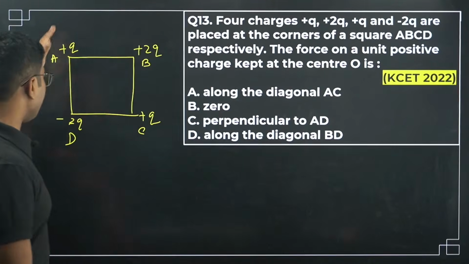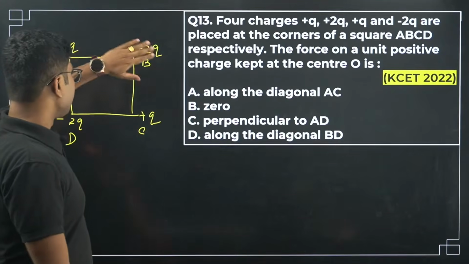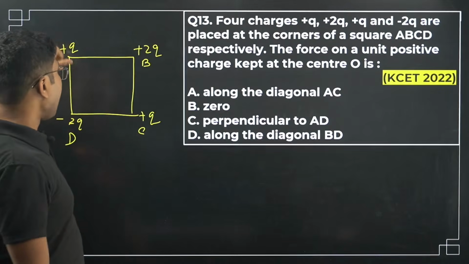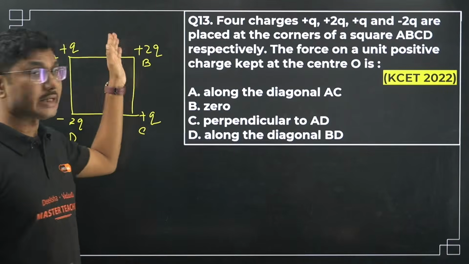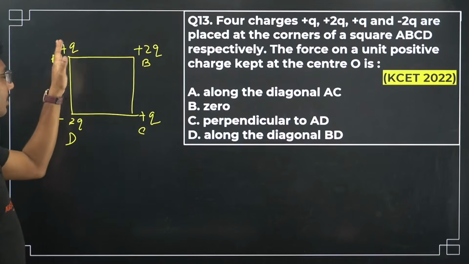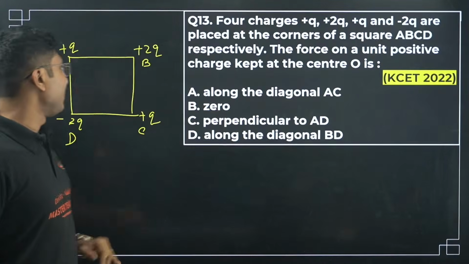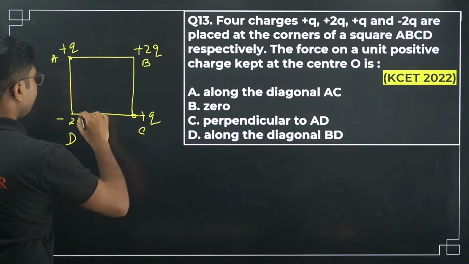If you want to go in counterclockwise direction, the charges order should be the same. Some students like to go in the counterclockwise direction, some in the clockwise direction. Whatever way you are naming, the order of the charges should be the same. So be careful. Now this plus Q and this plus Q, they are equal.